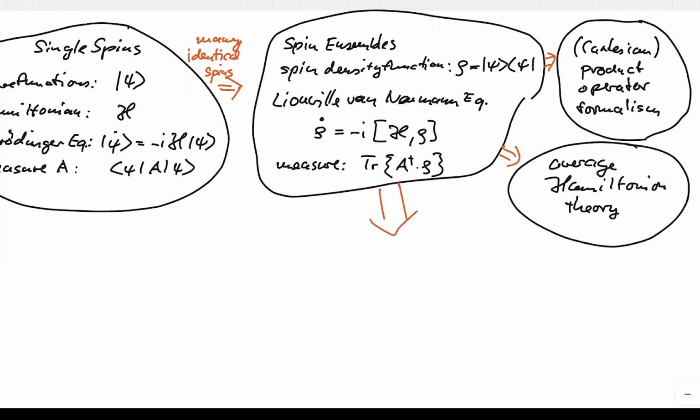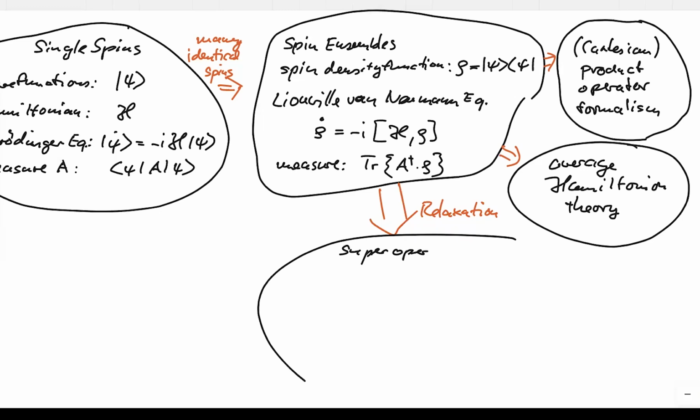However, there is also relaxation taking place, and this is rather difficult to describe in the conventional spin density operator formalism. So Redfield instead used for his theory the superoperator formalism.